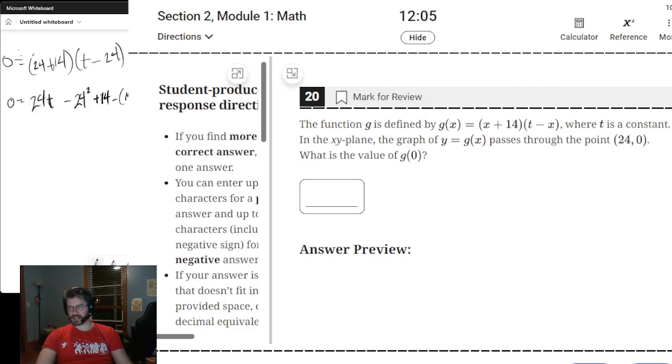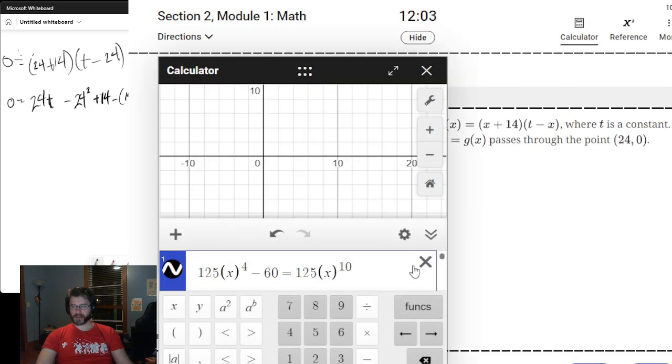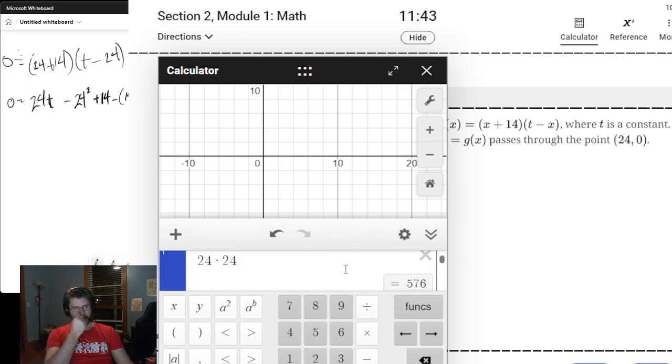So good old Desmos, come on back. Clear this out. Okay. 24 times 24 is 576, and that's negative because it's negative 24 squared. Yeah, and the negative is going to stick around.